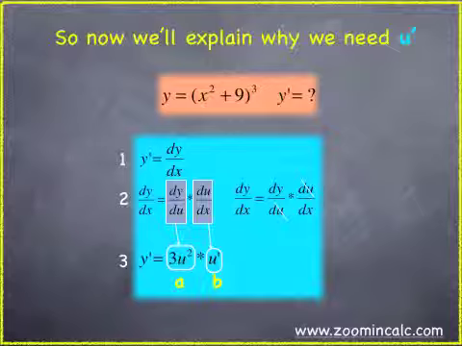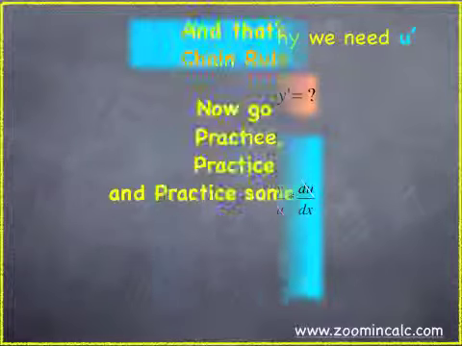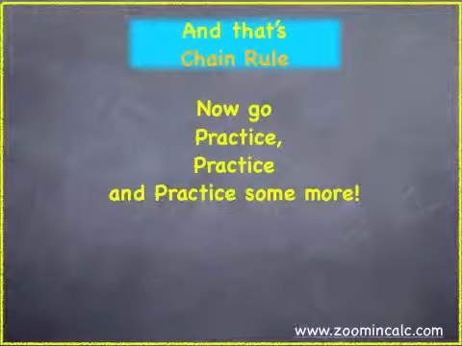That's why we have to multiply by u prime, because in the end, we're taking the derivative of our function y, not with respect to u, but with respect to x. So that's why we have to invoke chain rule. There is a kind of chain reaction event here, okay? And that's chain rule. Now go practice, practice, and practice some more.